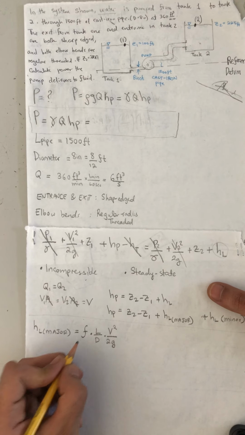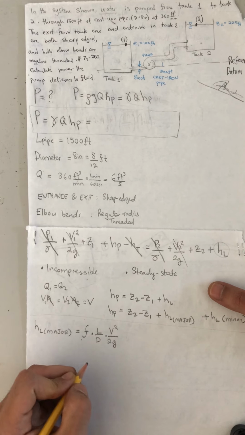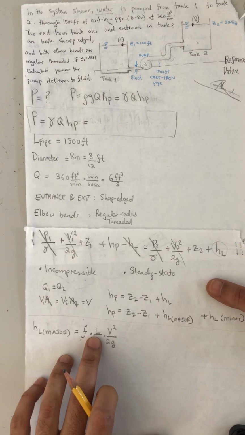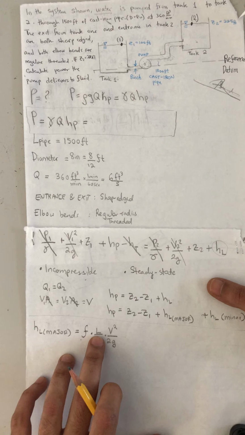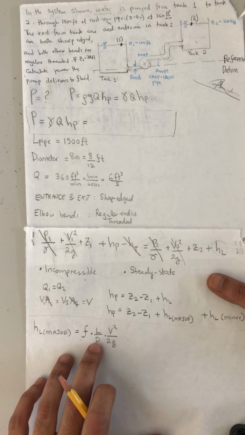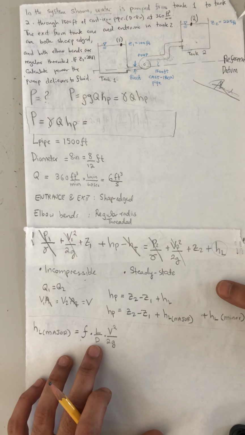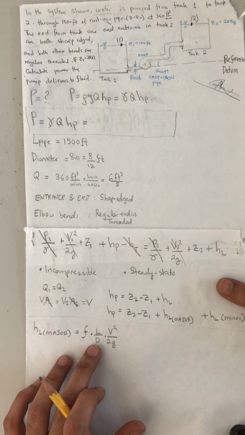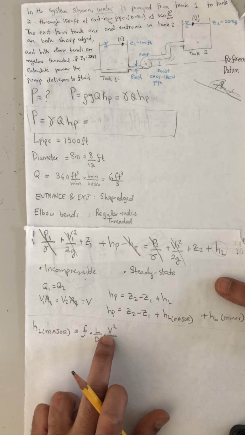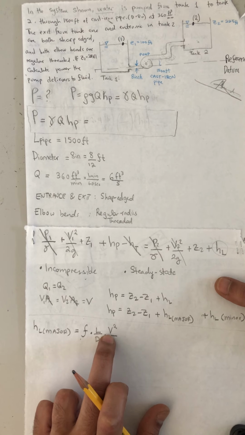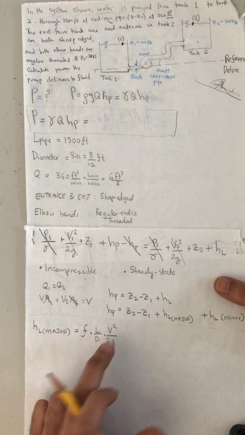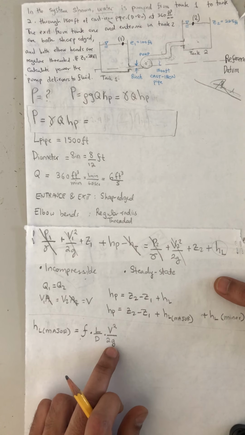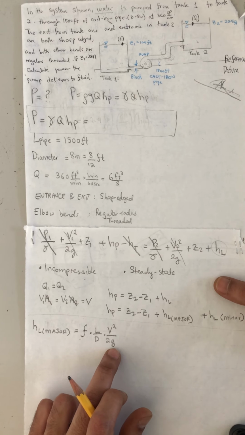Our F value is our frictional factor. Our length is the length of our pipe. Our diameter is our inner pipe diameter. Our velocity term is the fluid velocity, and g is the gravity, with the 2 times the gravity.